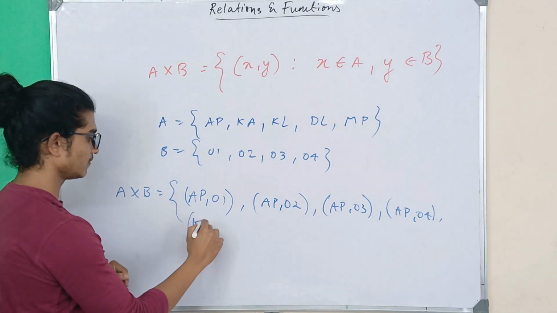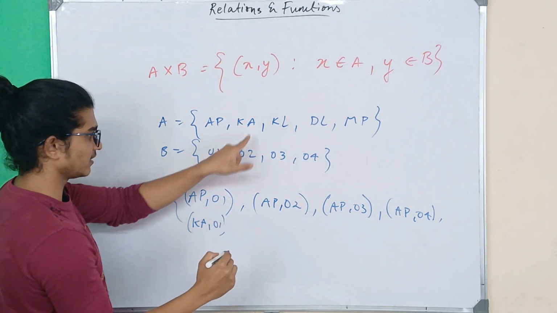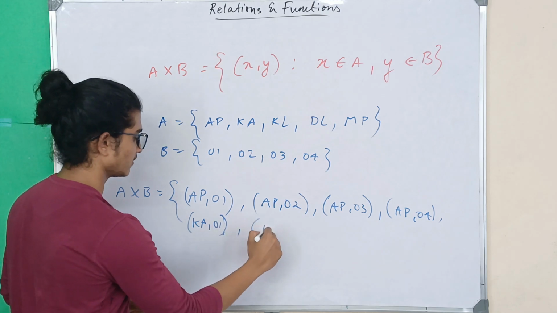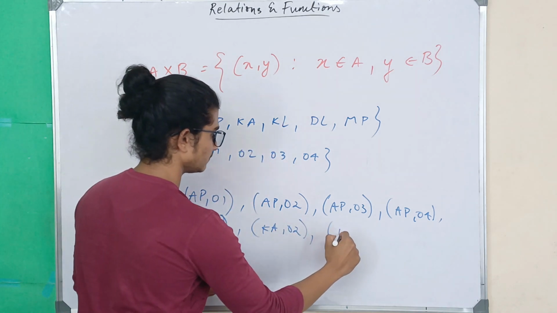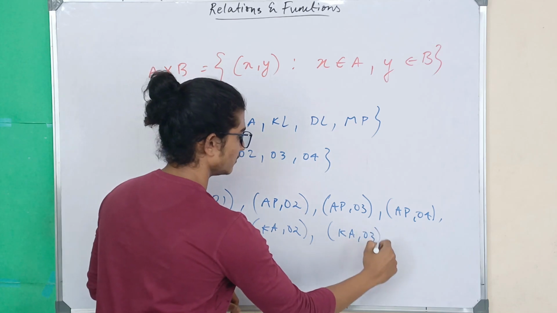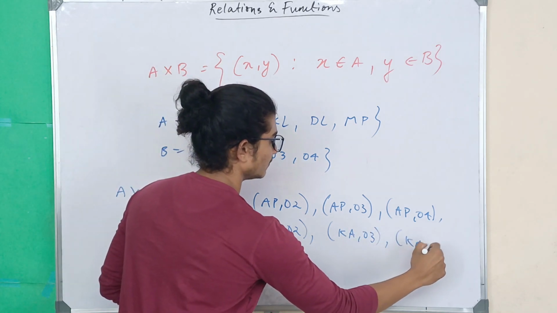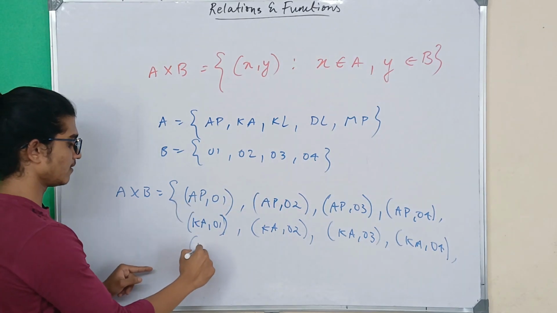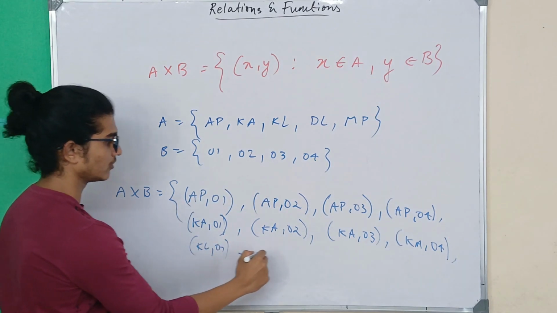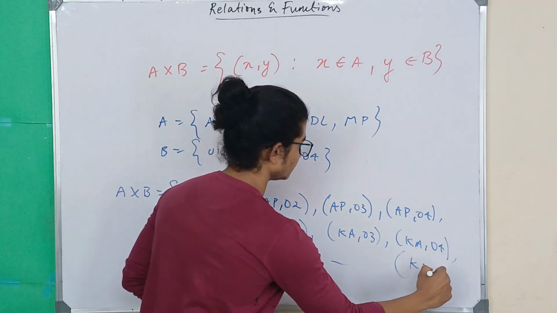So (KA, 01), (KA, 02), (KA, 03), (KA, 04). In the exact same way you can do it for Kerala also. So (KL, 01) all the way up to (KL, 04).